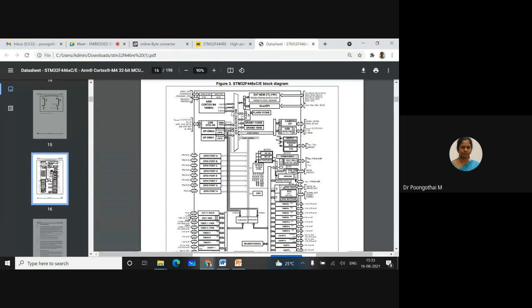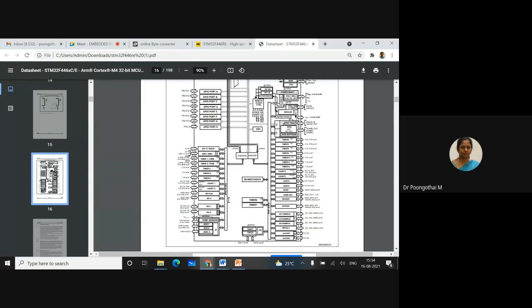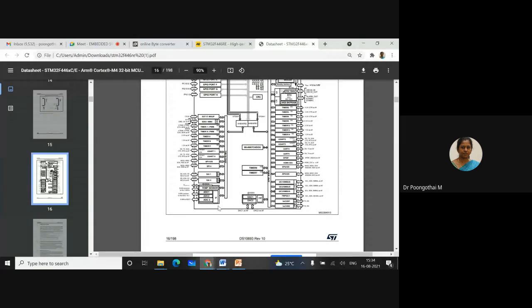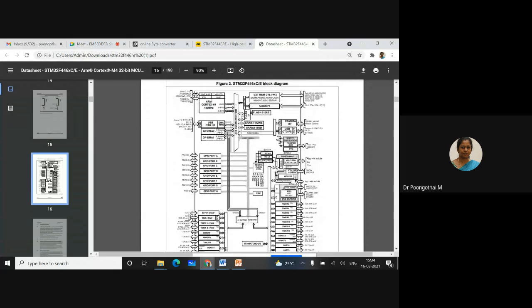Here ARM Cortex M4 acts like a master, and all other peripherals are slaves to the master, that means to the CPU. They communicate through various bus interfaces. It supports many ports: port A, port B, port C, D up to H. We also have timer devices, serial communication devices, an inbuilt ADC, timers, and a crystal oscillator.